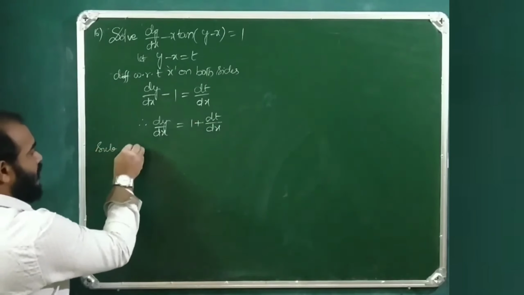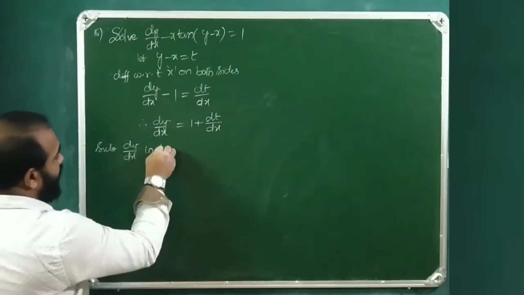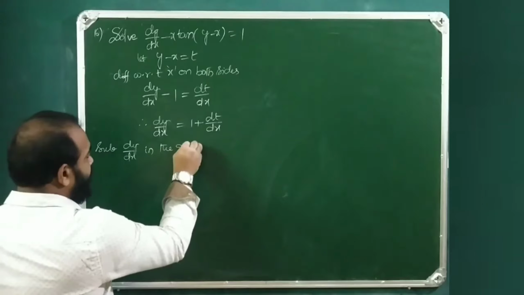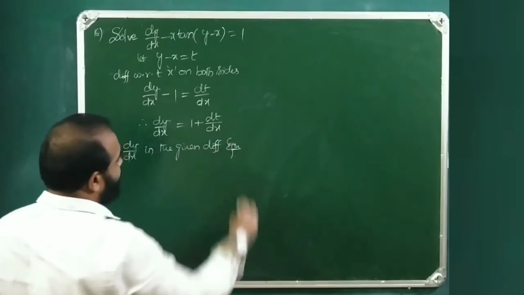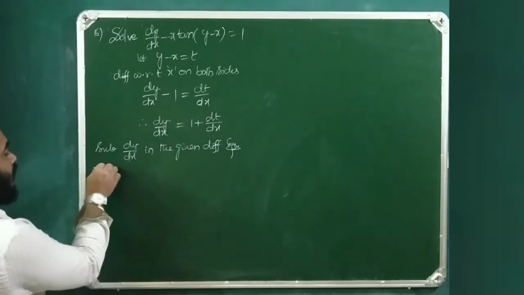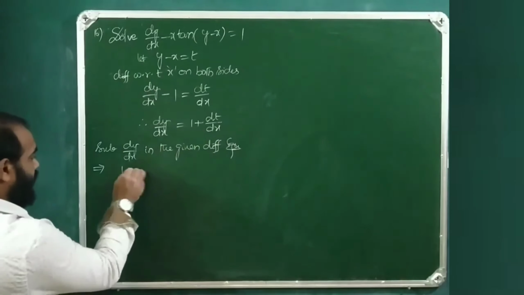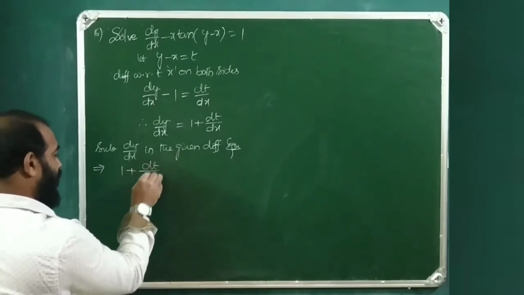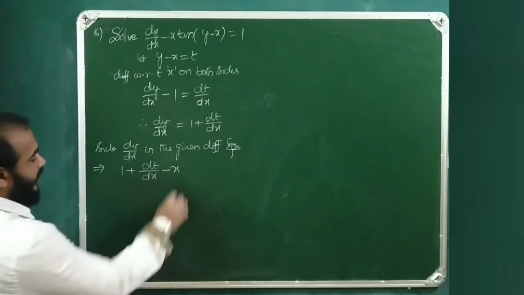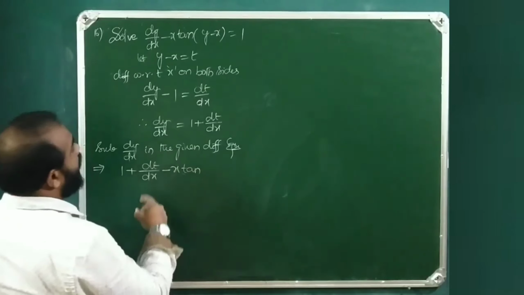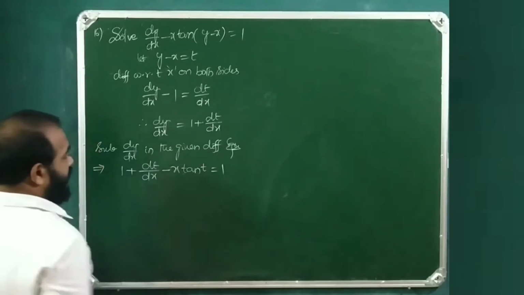Substituting dy by dx in the given differential equation, we get 1 plus dt by dx minus x tan of (y minus x), which is t, equals 1.